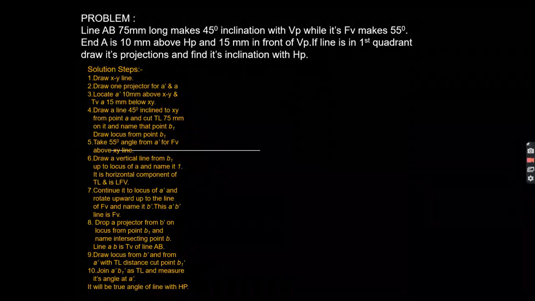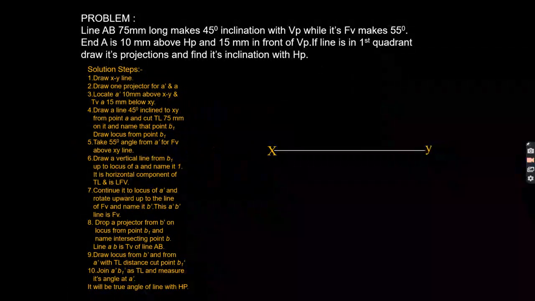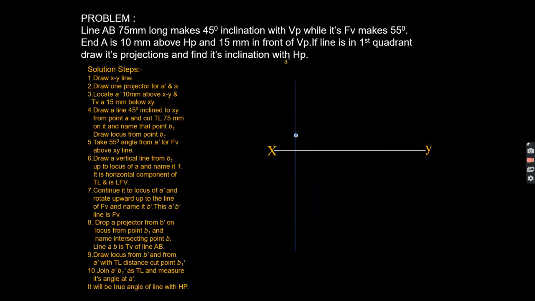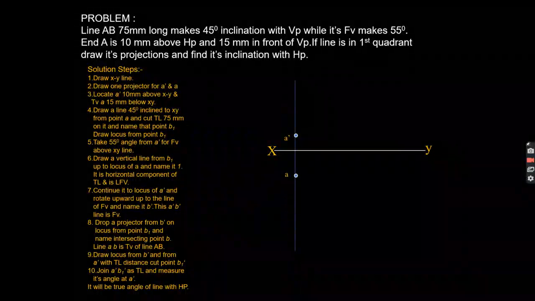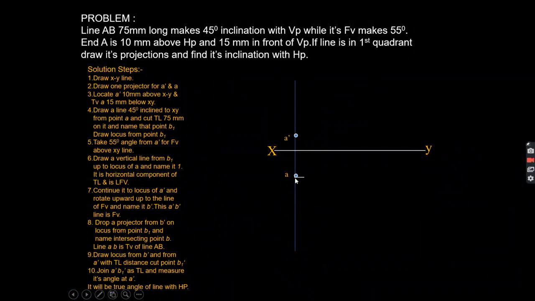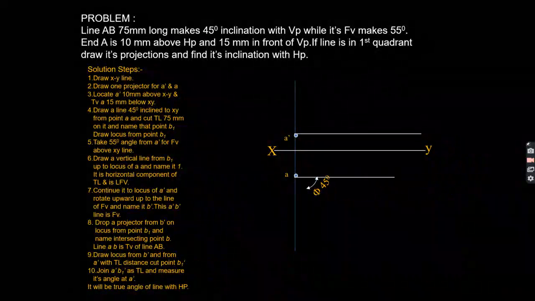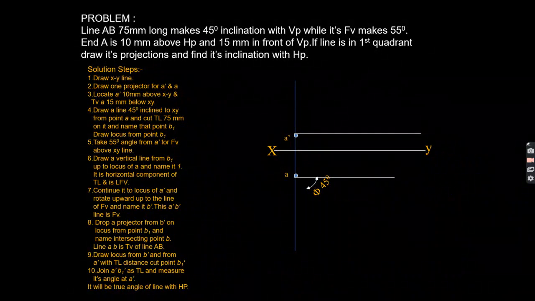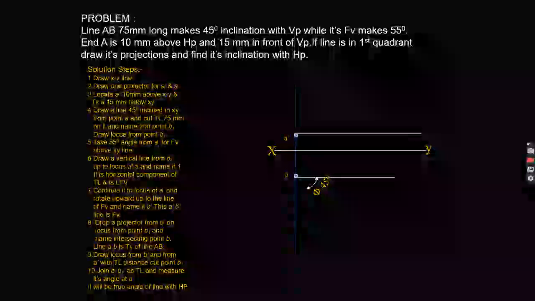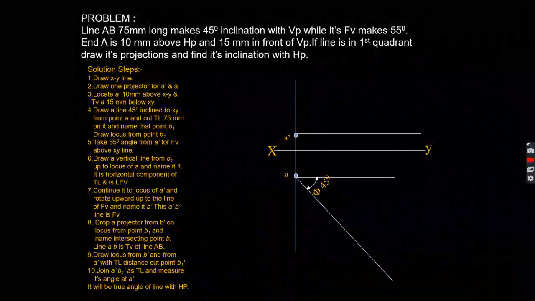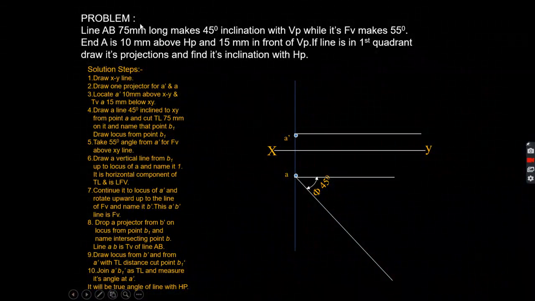First we have to mark the position of point A that is given in the question. This distance is 10 mm, this distance is 15 mm. After that, I will draw the inclination of the line from the VP as 45 degrees, right? And the length of the line is given to you, that is 75 mm.